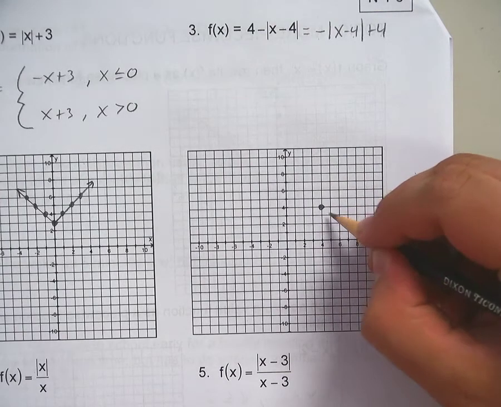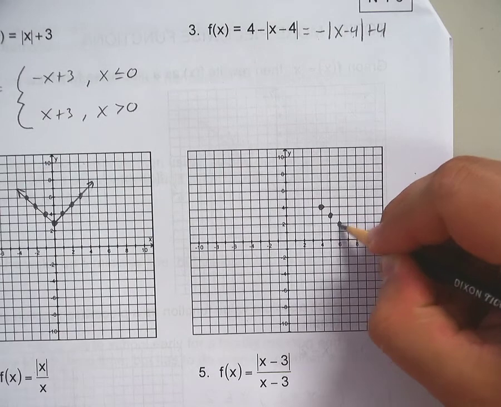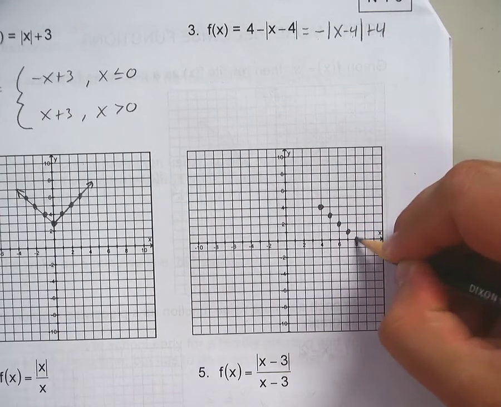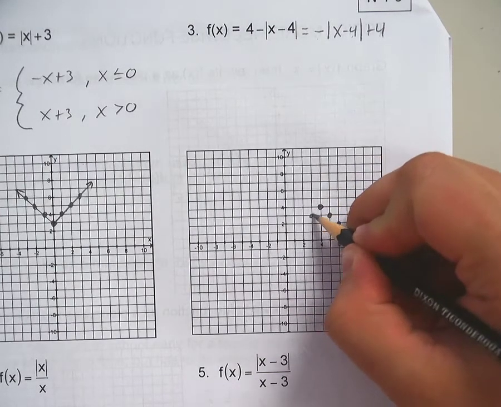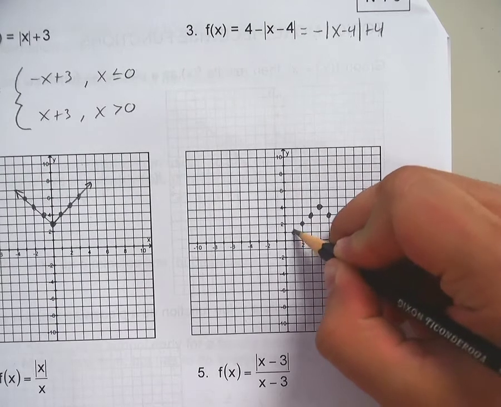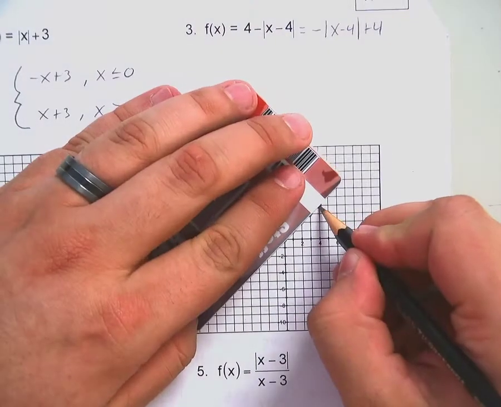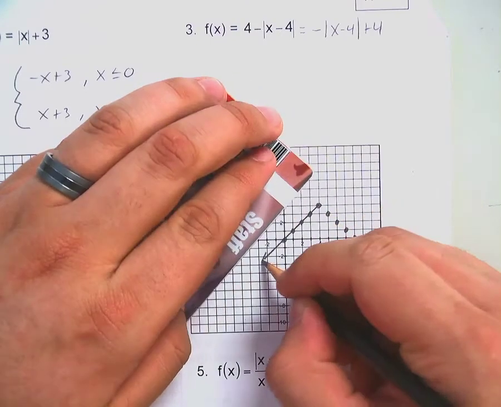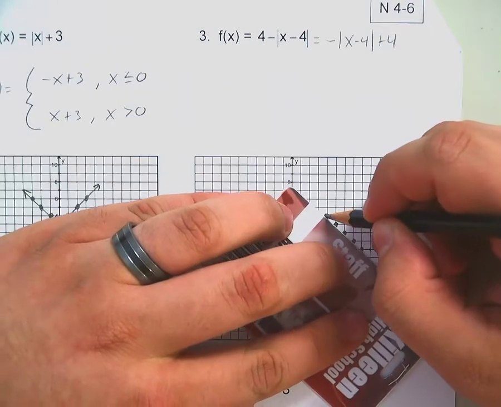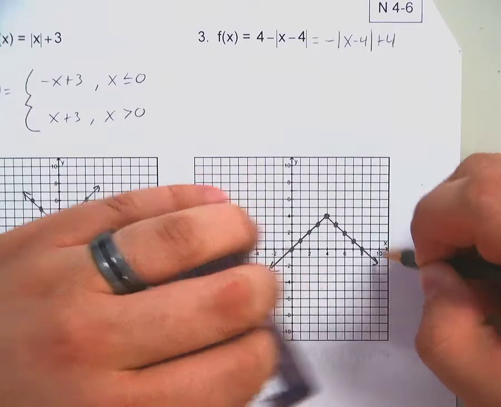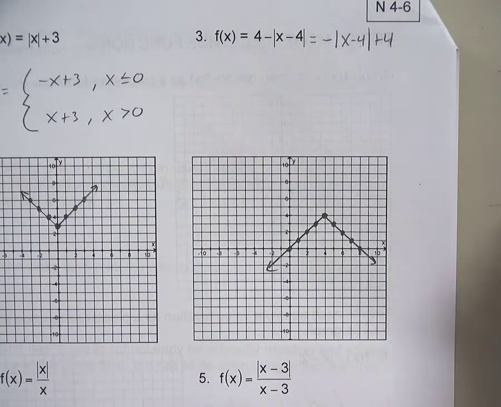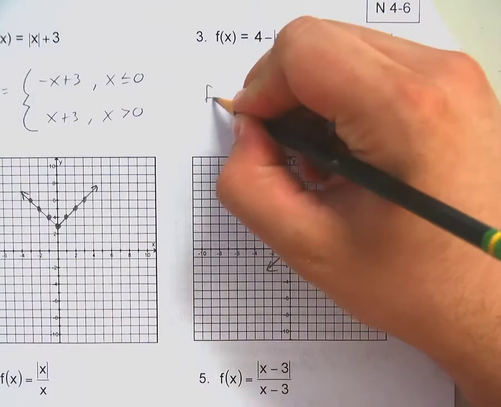Right-hand slope of negative 1. Okay, left-hand slope will be positive 1 then, the opposite. And draw your lines. And then come up with equations.